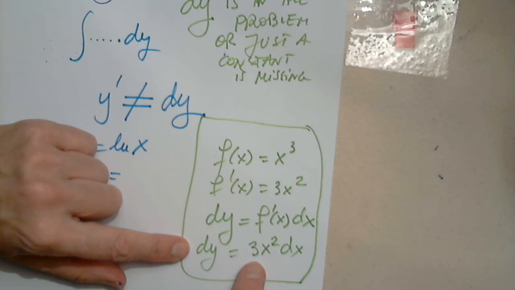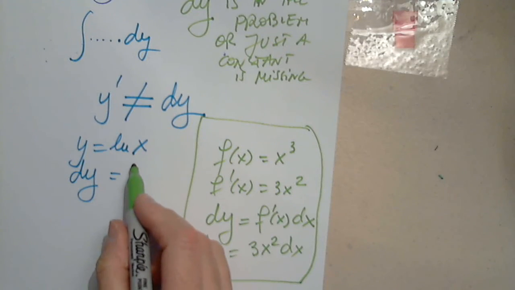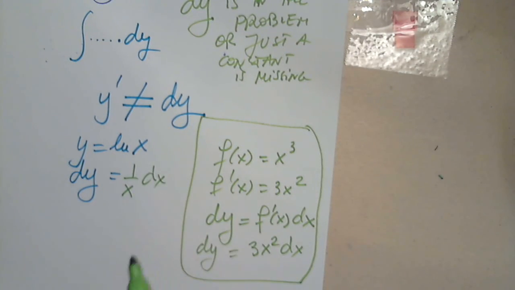The differential of y is 3x squared dx. So then coming back, dy is then what? So 1 over x dx. Exactly. That's exactly what I needed you to say. Thank you. So it is 1 over x dx.